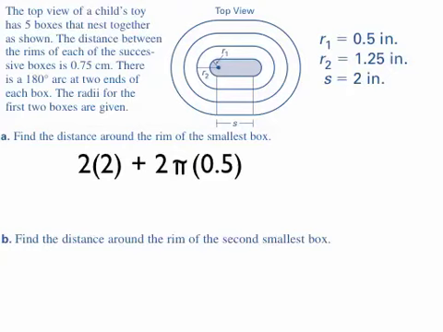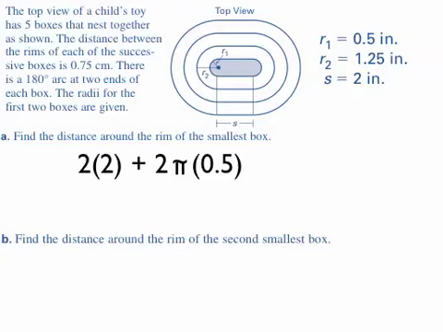It also tells us that S, the side length, is going to be 2 inches. So I have 2 times 2. Why I have that is because both of these S length sides, there's 2 of them and they each measure 2 inches. And then I just need to find the circumference of a circle with a radius of 0.5 inches.